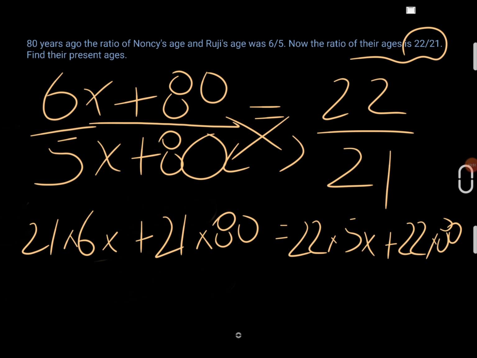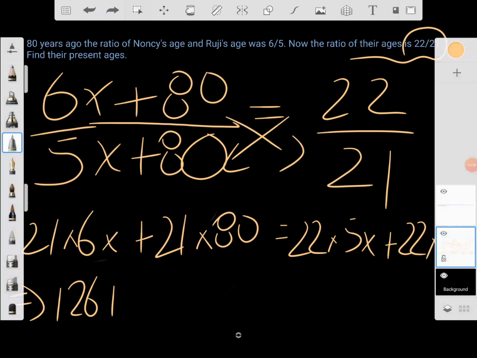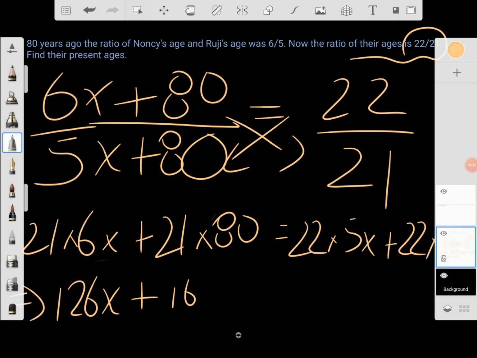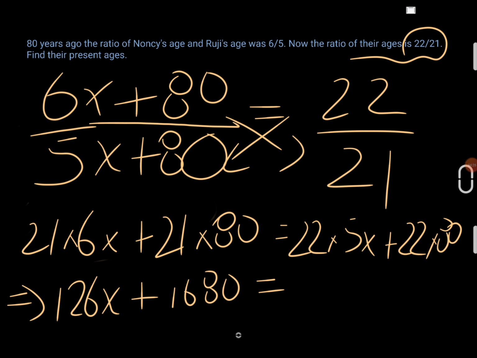Solve this, and what will you get? 21 into 6x is 126x, plus 21 into 80, that will be 1680, is equal to 22 into 5x, that will be 110x, plus 22 into 80, and that will be 1760.